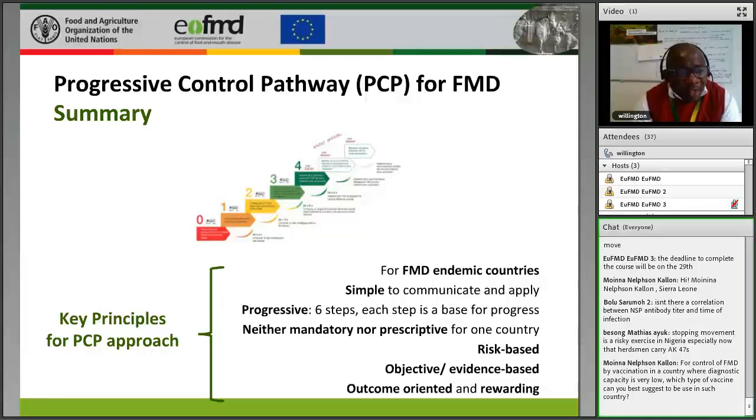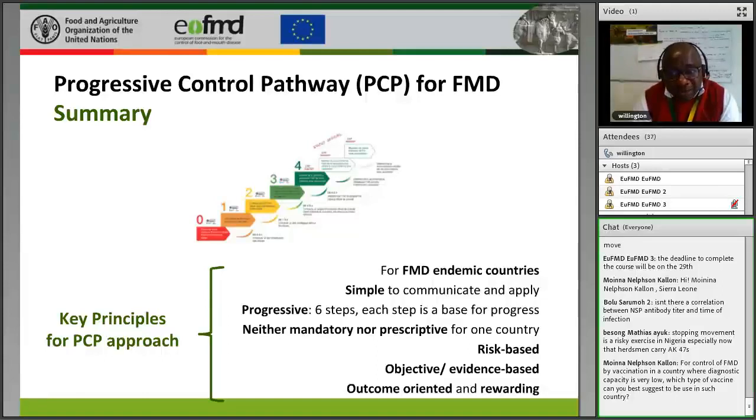In stage 2, the impact of FMD is reduced through targeted sectors and areas, by virtue of the fact that they elaborated a good control measure in stage 1 and have activities that they are doing. Stage 3 is a situation where the virus circulation is reduced and the national official control program is applied.